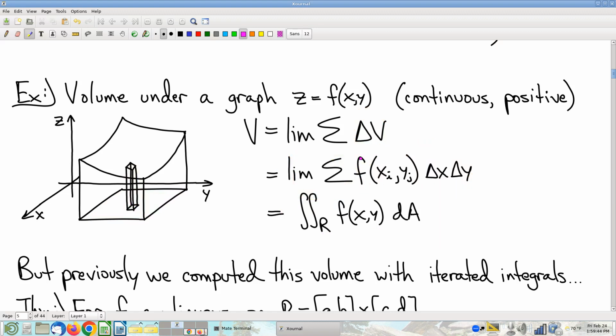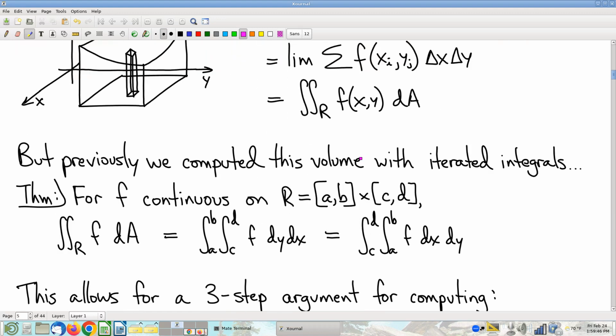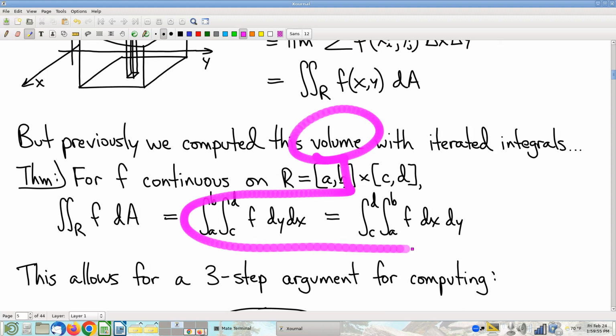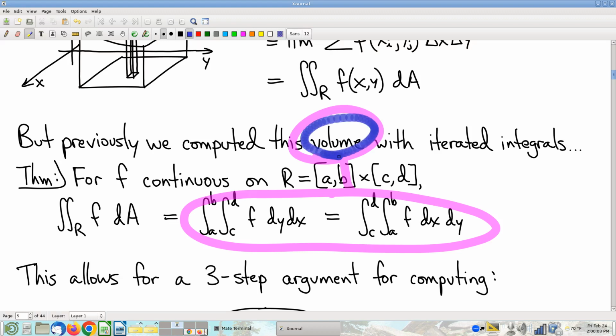Alrighty. Now, this does allow us a pretty neat observation that we can make here, which is that we previously computed volume as iterated integrals. We did that last time. Now, we've just gotten through showing that we can also compute volume with a double integral.